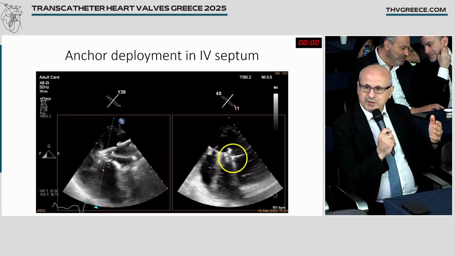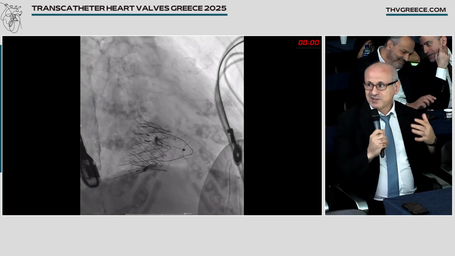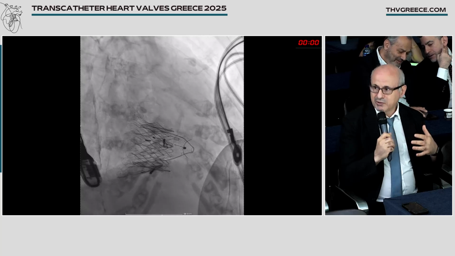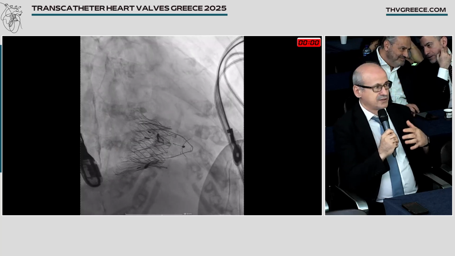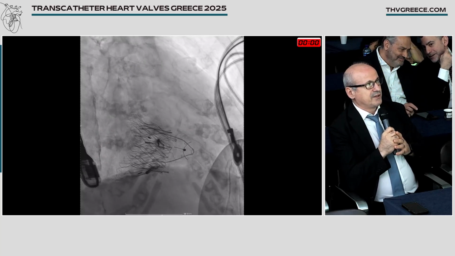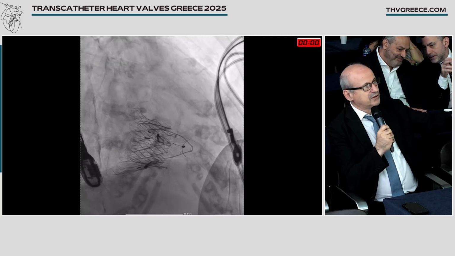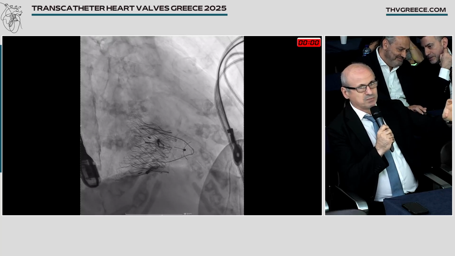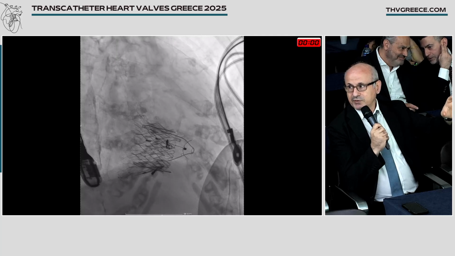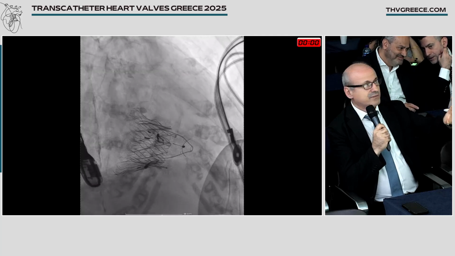In comparison, the Evoque has passive, mainly anchoring with the hooks. There's nothing active. And I think the metal footprint of this device is probably less than the metal footprint of the Evoque valve.